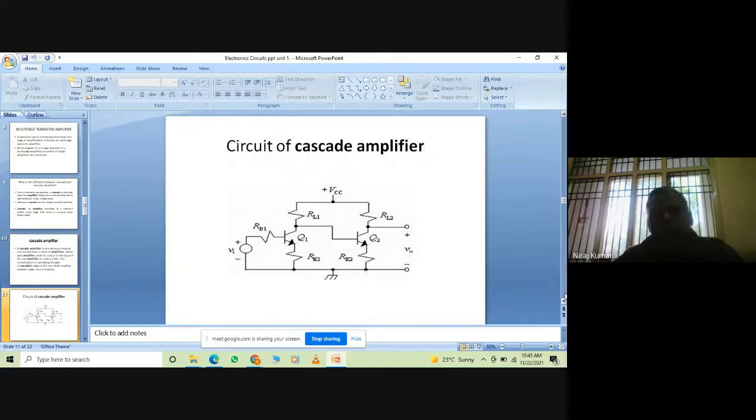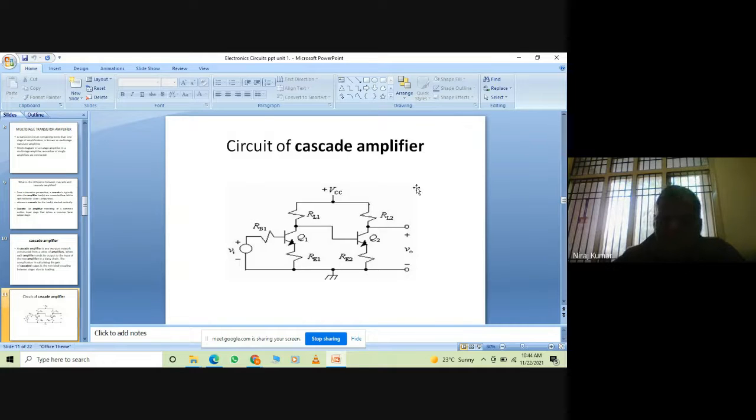It is the simple circuit of the cascode amplifier. Here we can see Q1 and Q2, two transistors. There is one resistance connected to the emitter circuit, and one resistance connected to the collector terminal. The collector terminal is connected to the VCC supply.